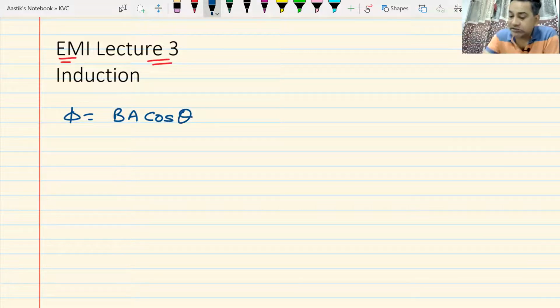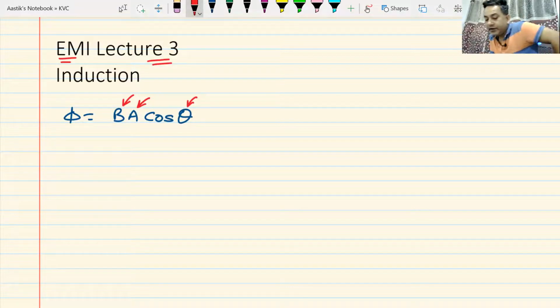We can change this magnetic flux by changing either B or A or theta. Any of these things, if we change, we will be able to change the magnetic flux and EMF will be induced. If there is a closed loop, we'll have current.